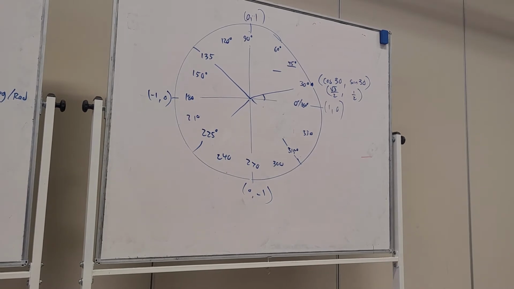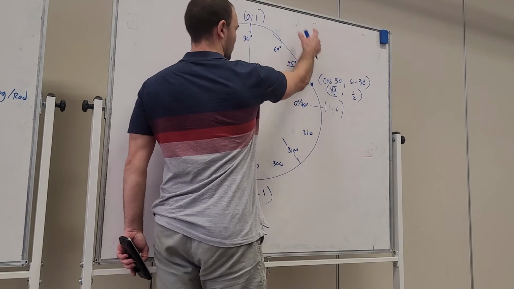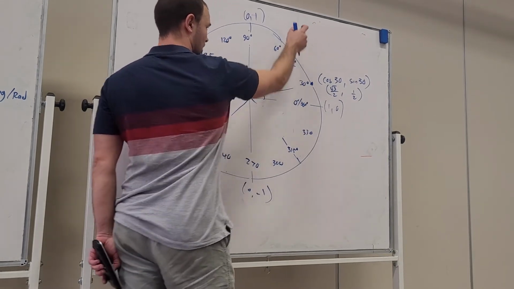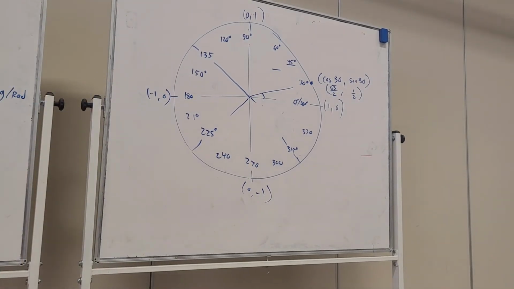So let's go through and just get these coordinates for this part of the circle. What are the coordinates at 45 degrees? What are the coordinates at 60 degrees?